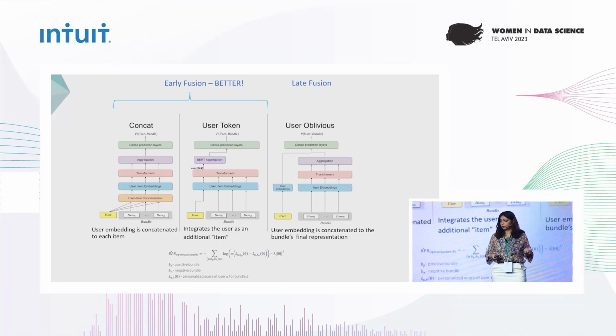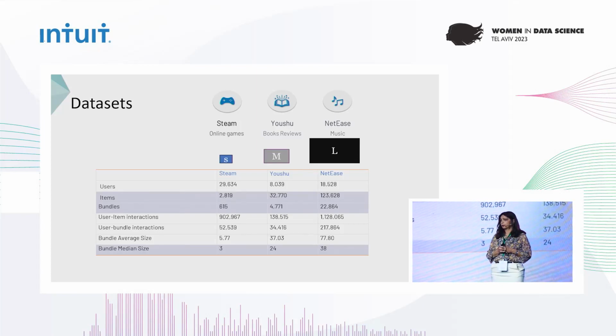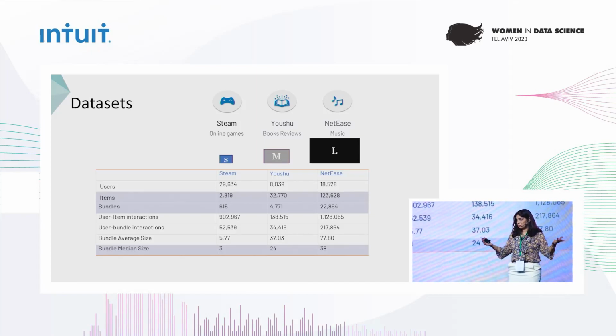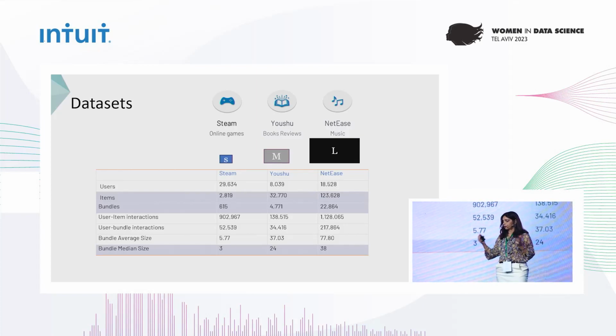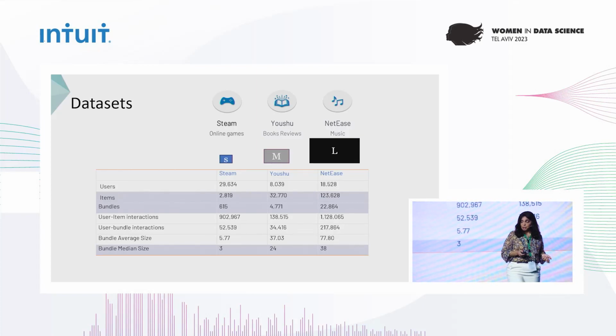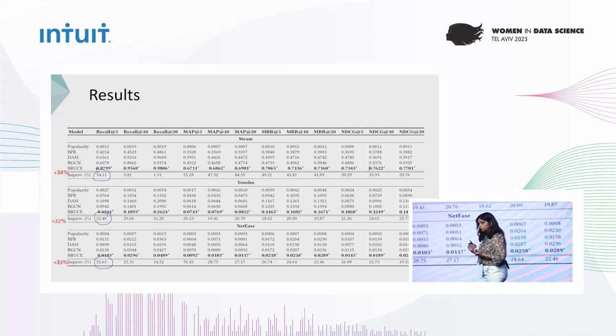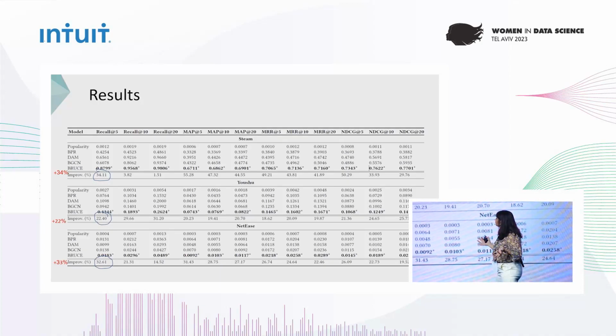And then we tried it on different data sets, on 3 data sets, of course, as in academia, public data sets, and that vary a lot in their size and in number of bundles and so on. And indeed, the results were very, very significantly better. The intuition was correct. And we used different accuracy methods, and the results were better overall than the baselines that we used.